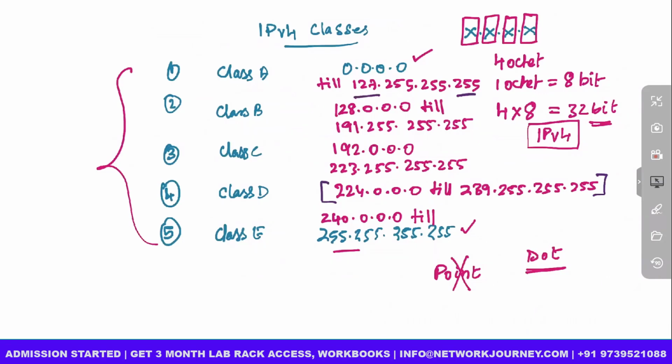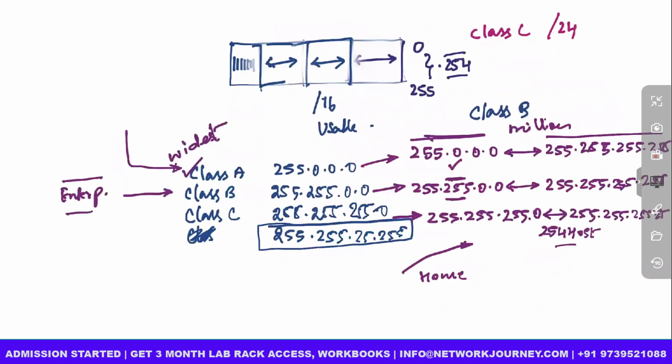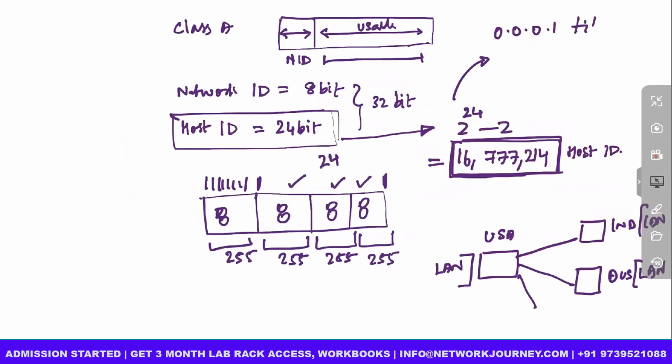So one IP less over here, till 127.255.255.254. So starting with this IP and ending with this IP is this many count, and you can assign these. But again, as I told you, practically we don't need so many. So class A was this.